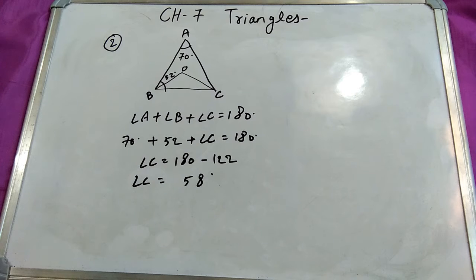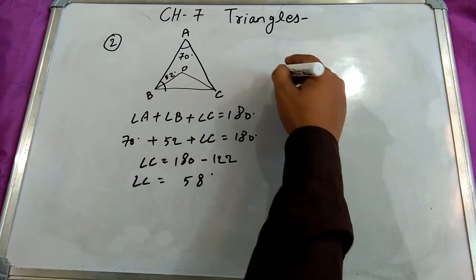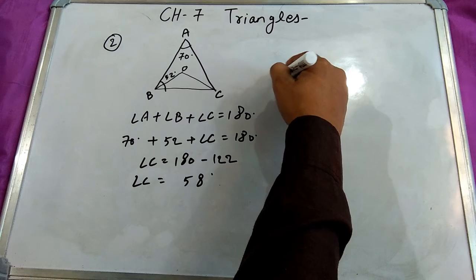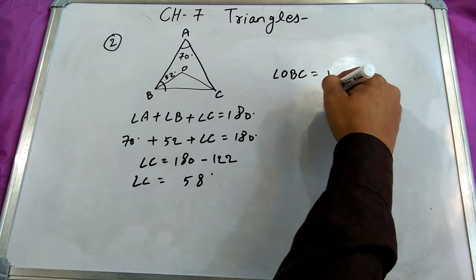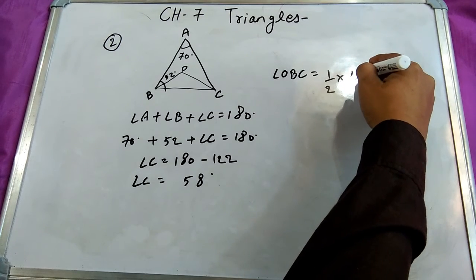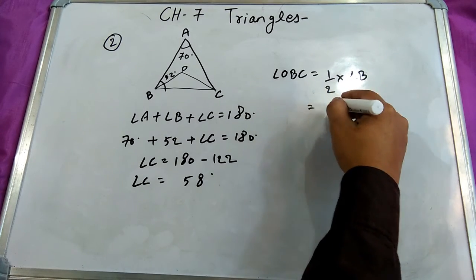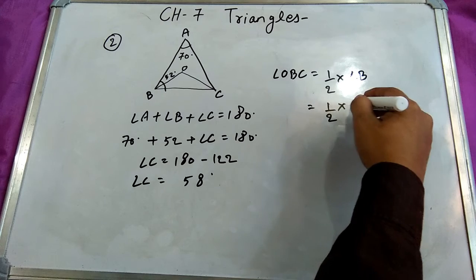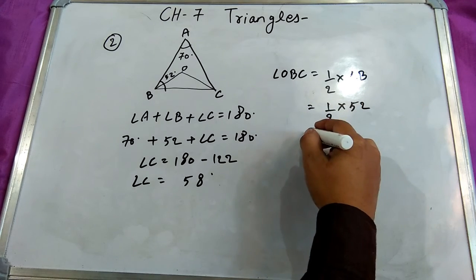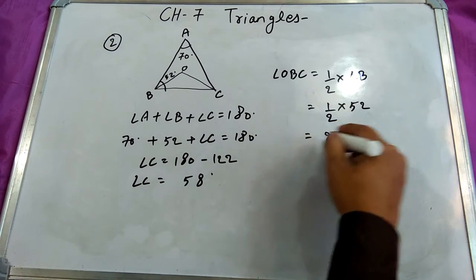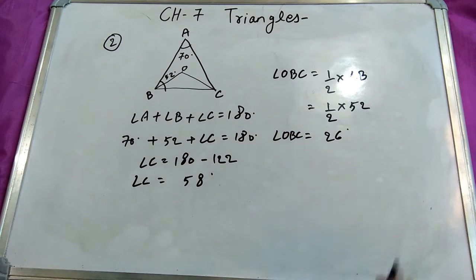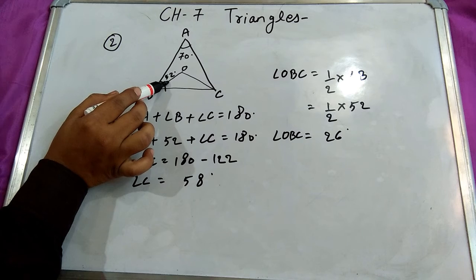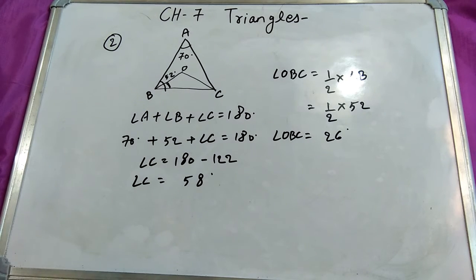Now angle OBC, as we know, is half of angle B. We know the value of angle B, which is 52, so we easily find that angle OBC equals 26. OBC, it means only this angle, equals 26.